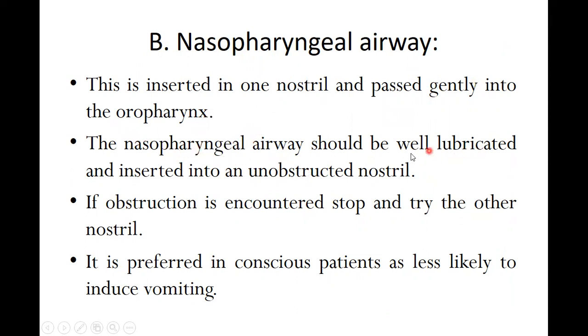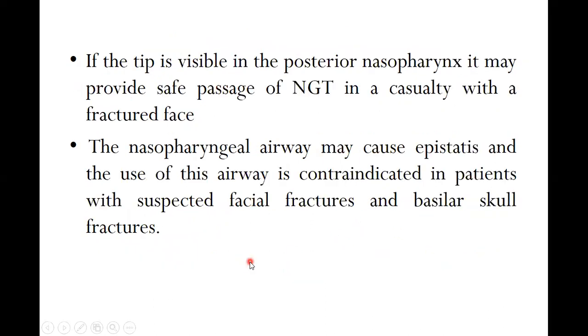This tube should be well lubricated and inserted into an unobstructed nostril. If an obstruction is encountered as you are trying to insert this particular adjunct, okay, you should try the other nostril. And it is preferred in conscious patients as it causes less gagging and vomiting.